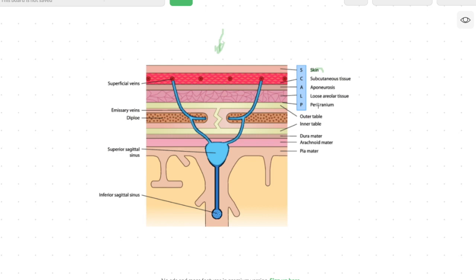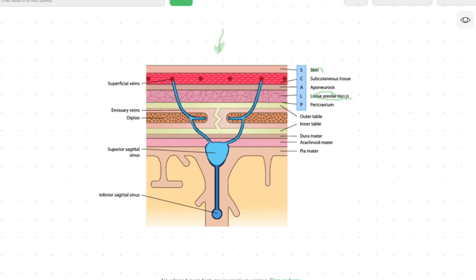The danger area of the scalp is the area of loose connective tissue, the loose areolar tissue. Why is it dangerous? Because pus and blood spread easily within it.